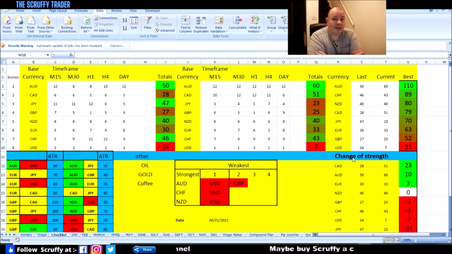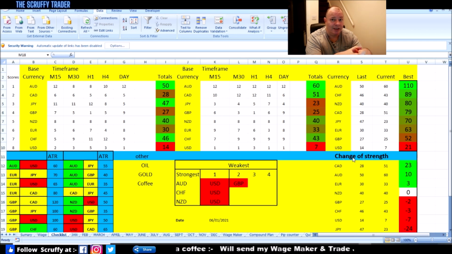It makes perfect sense that you pitch a strong currency against a weak currency, because of the difference it will move. Now it doesn't mean to say that because a currency is strong, it is going to increase. It could be strong at the end of that line.